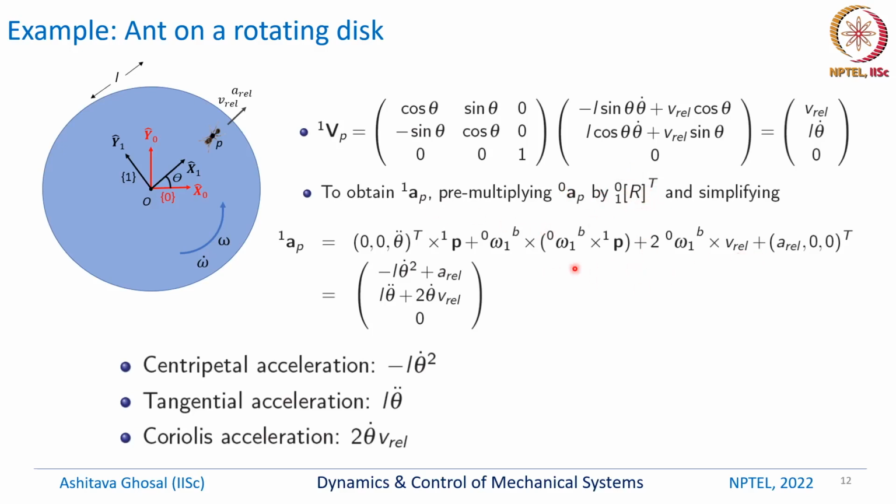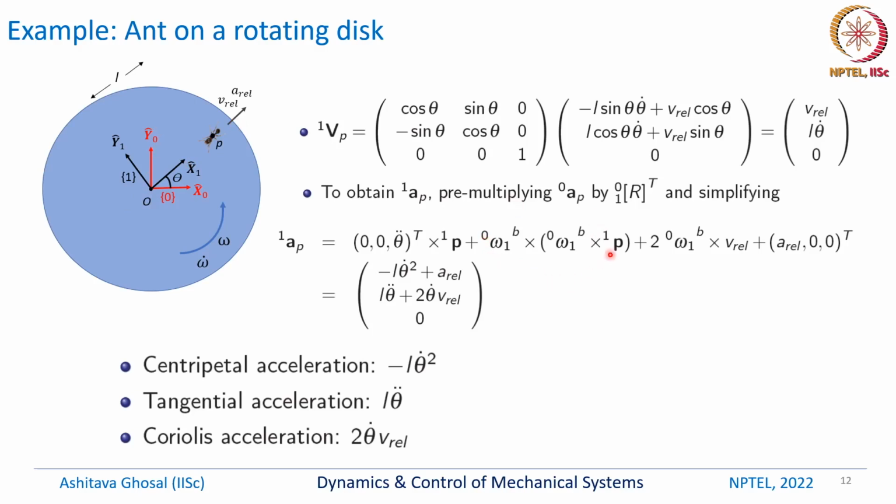If you do the algebra and simplify, you will see that the acceleration of this ant in the 1 coordinate system has 4 terms: 1, 2, 3 and 4. We have one which is alpha times r, which is 0, 0, theta double dot, the angular acceleration, and 1p is the position vector in the 1 coordinate system.